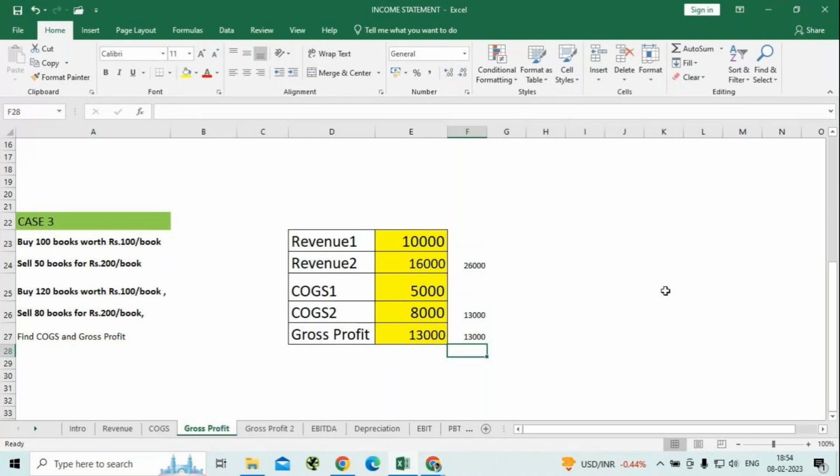So there may be chances that multiple purchases and multiple sales transactions are involved and you are supposed to calculate with this. So you have to be very clear with the numbers. If you are clear with the formulas for sales revenue, COGS calculations and the other formulas, it will be easy for you to do the calculations even if multiple purchase or sales transactions are involved.